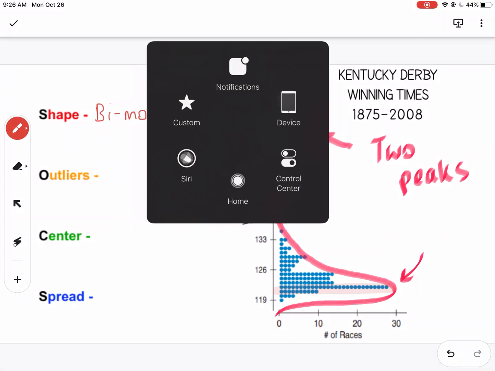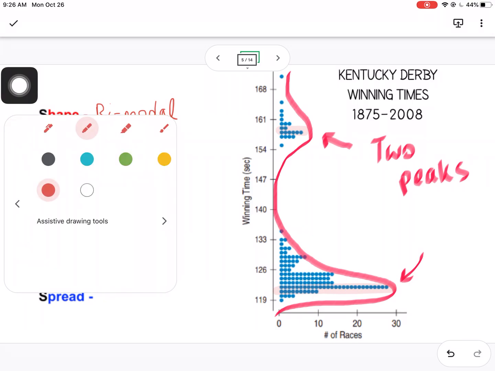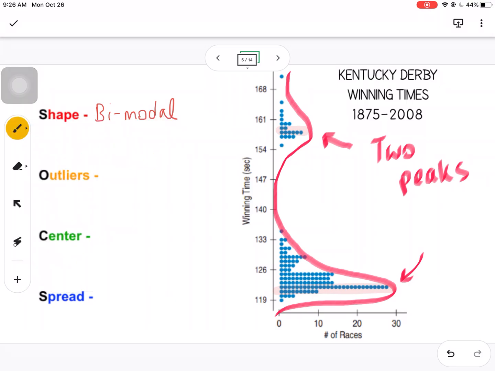The next question is, are there any outliers? I would say maybe this one way out here is an outlier.